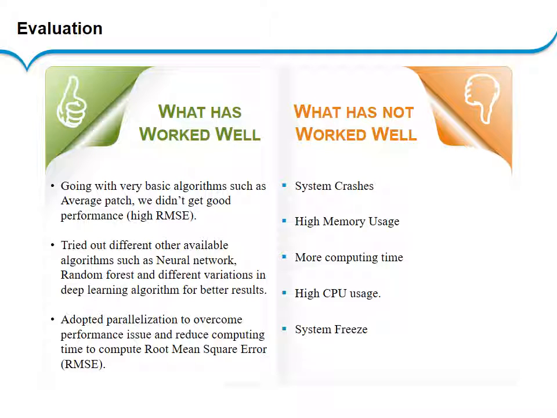Since we needed parallelized operations to overcome the performance issue, we went through different options and came up with some library packages which worked well in reducing the overall computation time and managing the resources carefully.